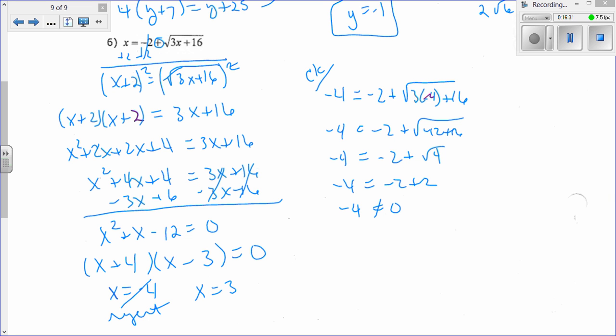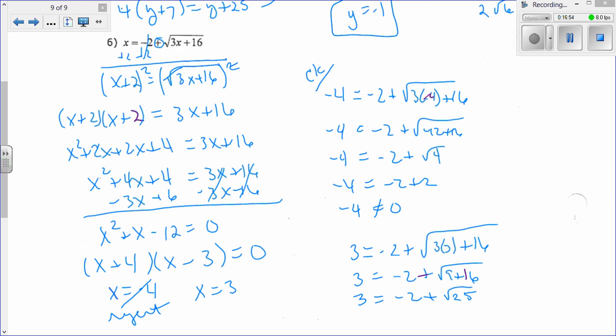And then I need to check the 3. So 3 equals negative 2 plus the square root of 3 times 3 plus 16. So 3 equals negative 2 plus the square root of 9 plus 16. 3 equals negative 2 plus the square root of 25.